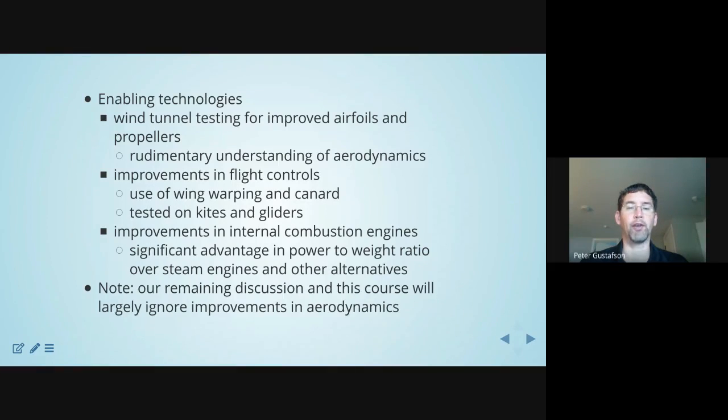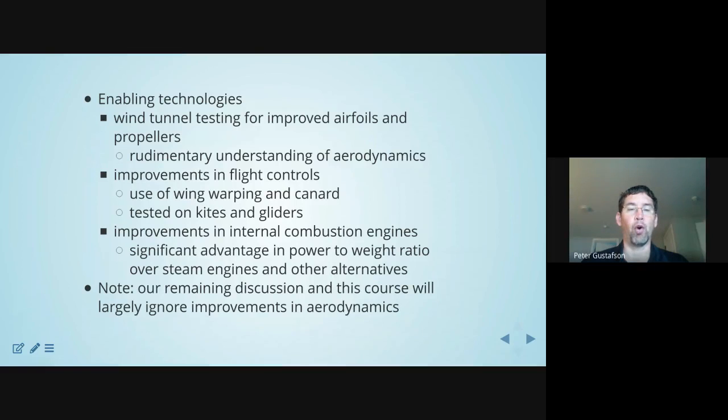They did extensive wind tunnel testing, and by doing so, they were able to improve their airfoil for their wing, also the airfoil for their propellers. The Wright brothers, though they were bicycle mechanics, had a reasonably good understanding, at least for its time, of aerodynamics. It's certainly rudimentary by a modern standard, but compared to their predecessors, it was a big advancement.